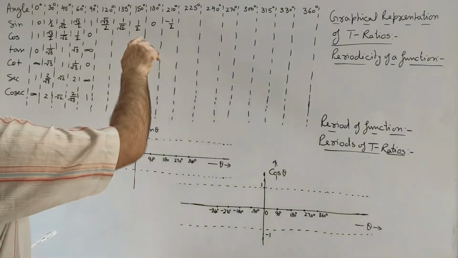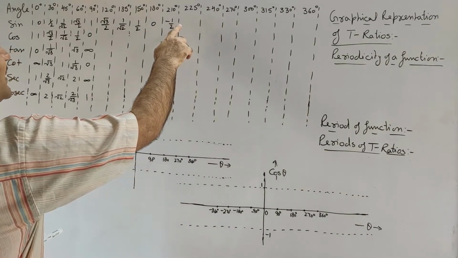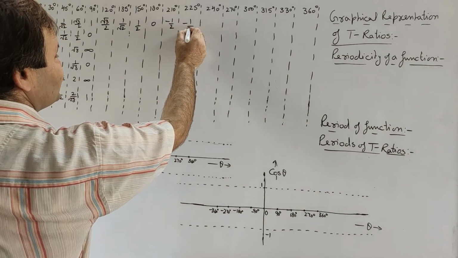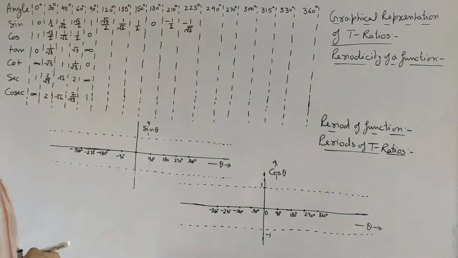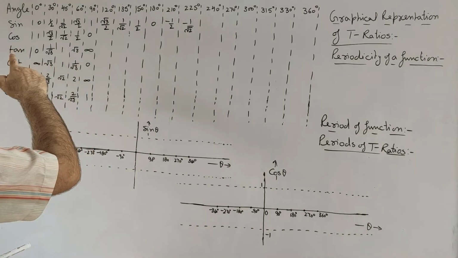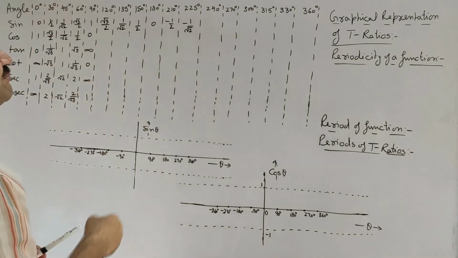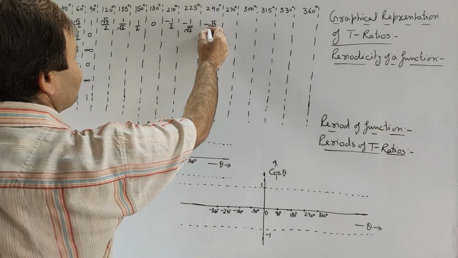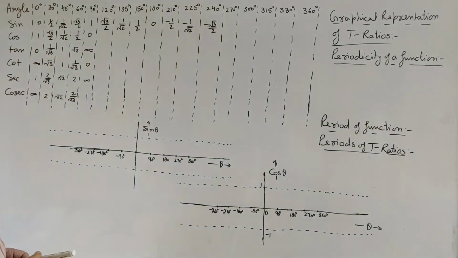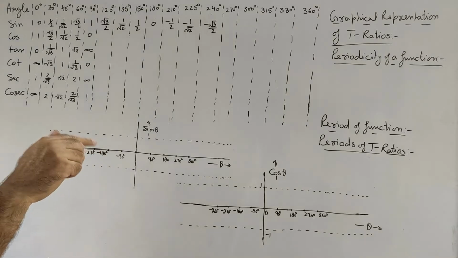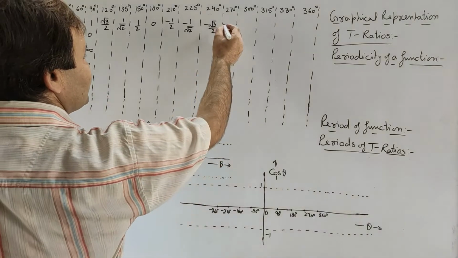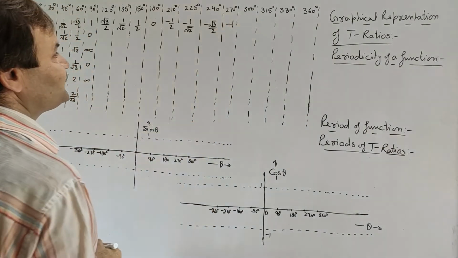Now 225 will be sine 180 plus 45, that is minus sine 45, that is minus 1 by root 2. Next 240, 180 plus 60. Sine 180 plus 60 means minus sine 60 and minus root 3 by 2. Then next will be 270. 270 means sine 180 plus 90, that is minus sine 90. Sine 90 is 1, so this will be minus 1.